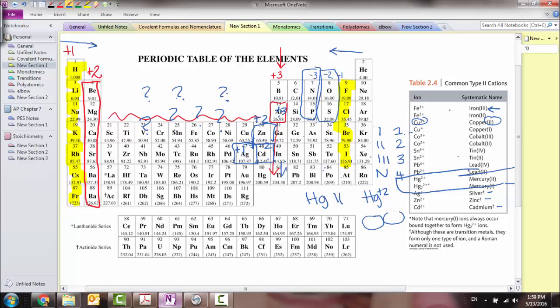So Mercury 1 is two guys stuck together, each of which has a +1 charge. So overall, there are 2 of them, so I'm going to put a little 2 to remind me of that. And then if I have +1 and +1, the whole thing has a +2. Now, note that these have little crosses next to them, and that is not included in the name. That is just to note that these are transition metals that, in fact, do not transition.